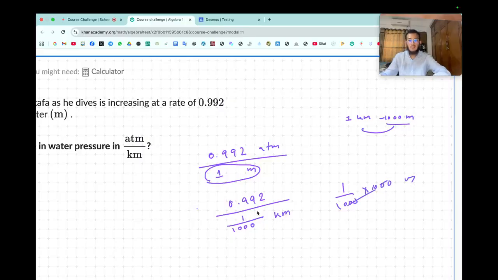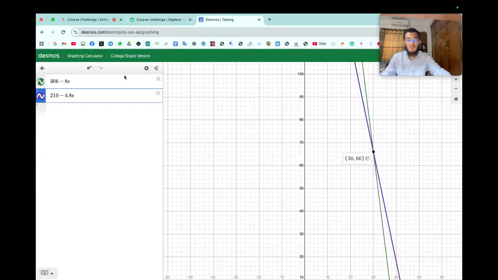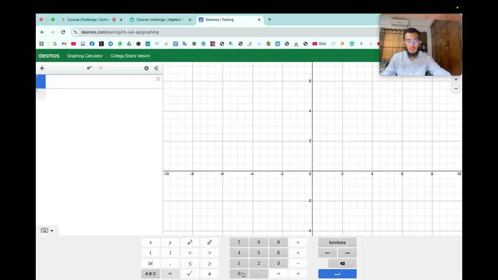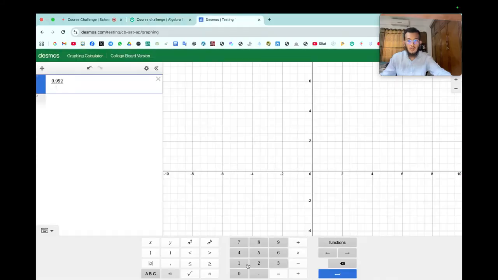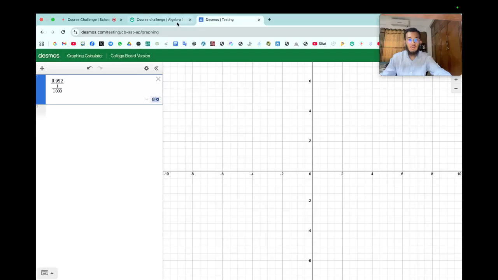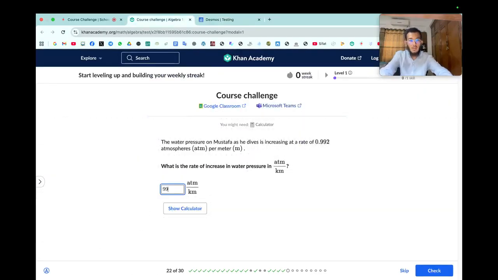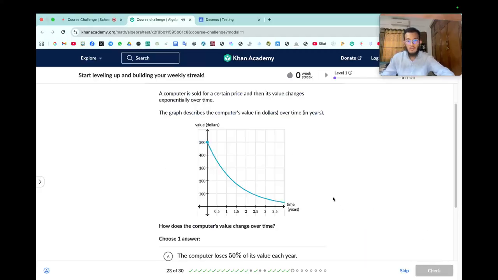Now we have to calculate this. Okay, so 0.992 divided by 1 by 1000, it's 992. So our answer would be 992. All right.